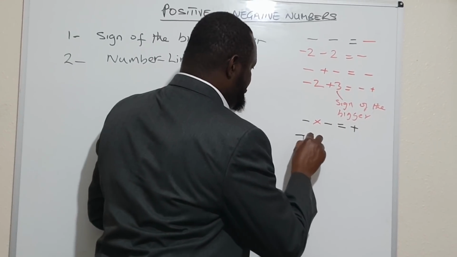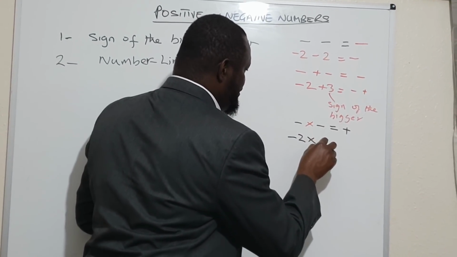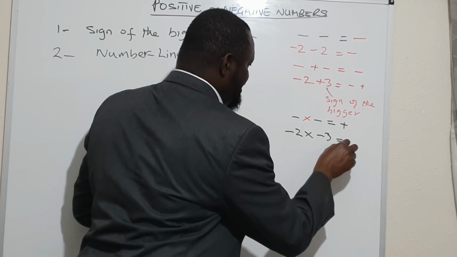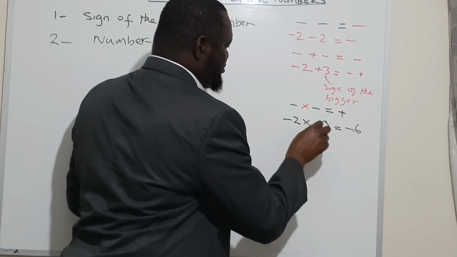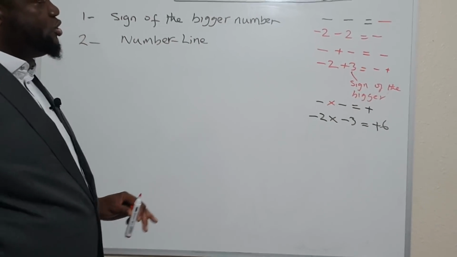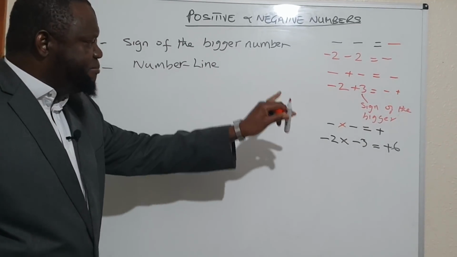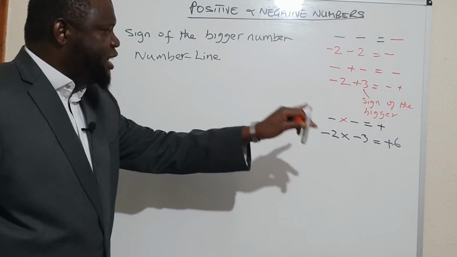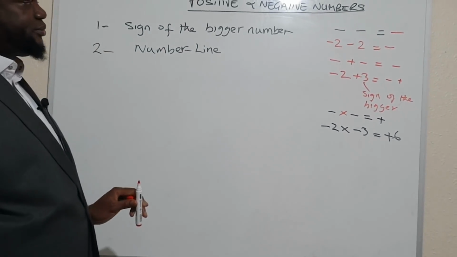Example is minus 2 times minus 3, your answer is plus 6. 2 times 3 is 6, and your answer will always be positive.